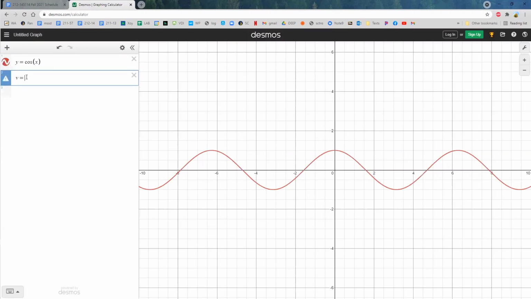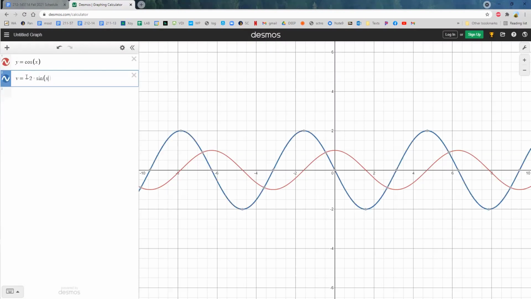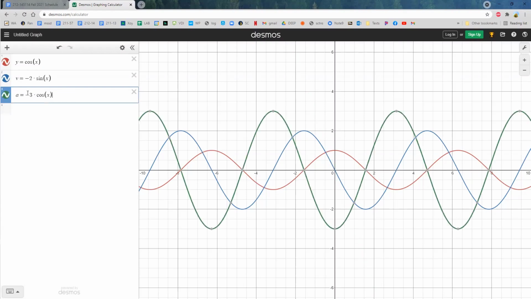V equals negative, maybe -2, I'll just give it some amplitude, times sine of x. That's my velocity function. Here's my acceleration function. A equals negative some value, -3, times cosine of x.